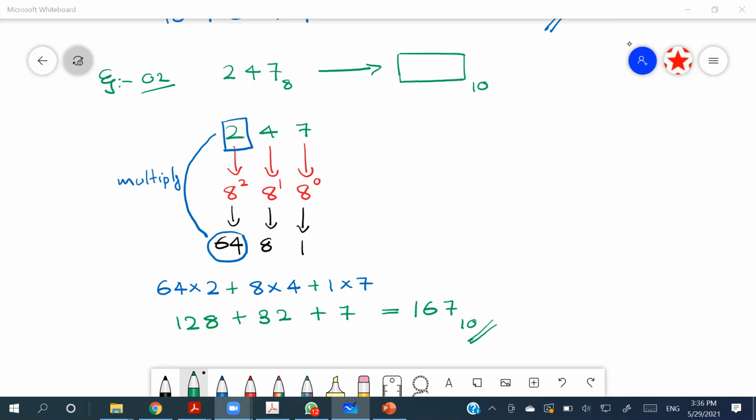Right. Two are finished. How about the others? Right.